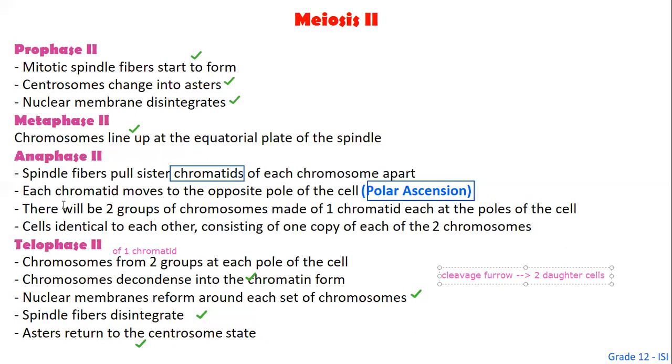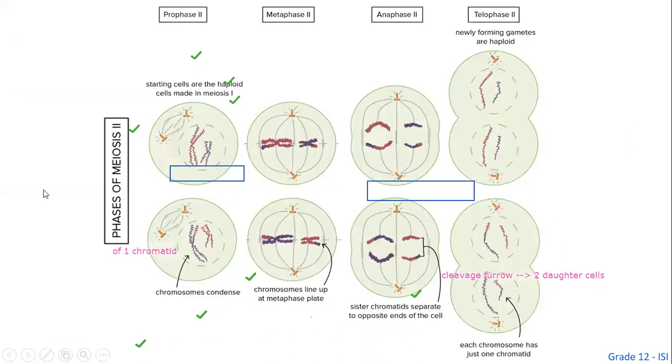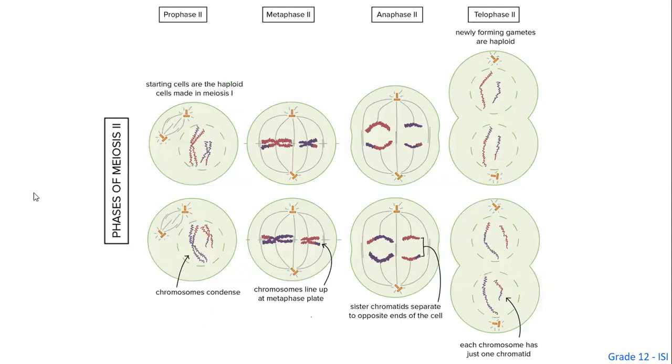Let's look at the diagram showing meiosis 2. This is meiosis 2. Meiosis 1 gave us 2 daughter cells. Now, each daughter cell will continue meiosis 2. Here we have 2 chromosomes in the nucleus. The membrane of the nucleus disappears, spindle fibers appear, the asters move to the poles. We have the chromosomes lined up in the middle of the cell, and then the chromatids separate.